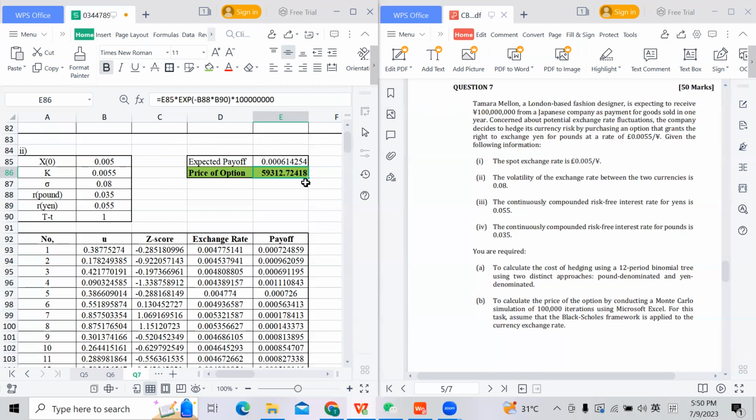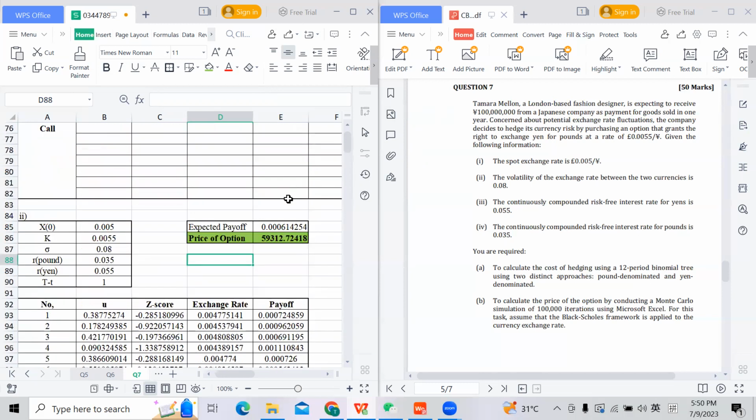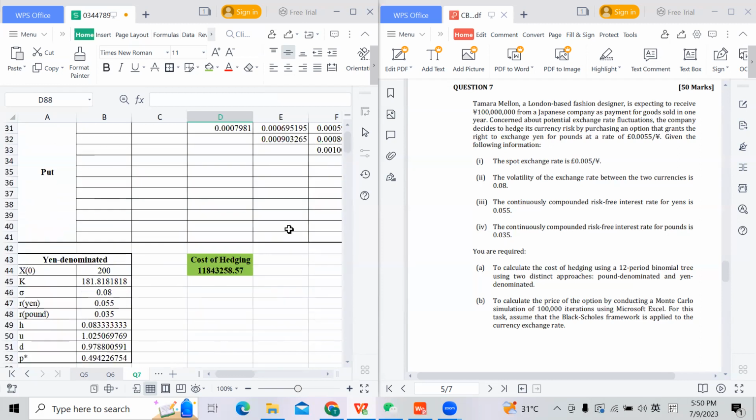Yeah, because here we got 100 million of yen, not 1 yen. So we will get the final answer, which is the option price equal to 59,312.7218. Yeah, so this is the answer for question 7.